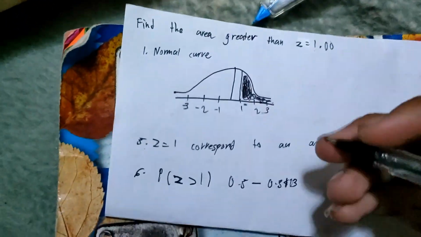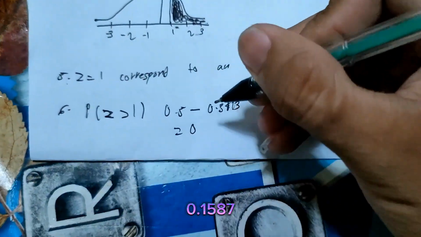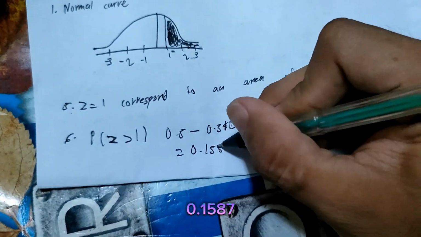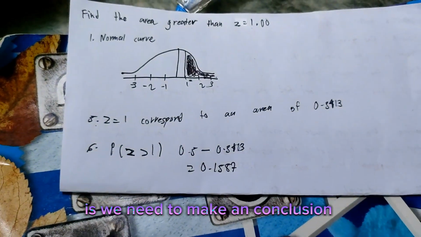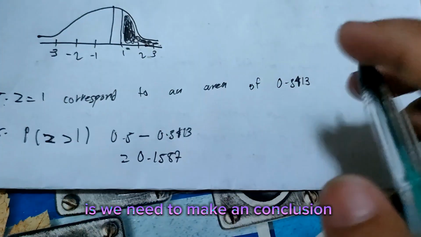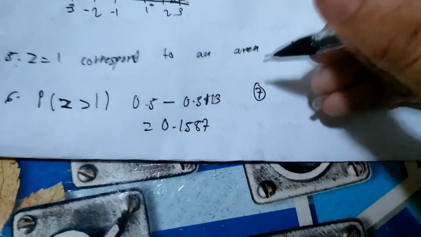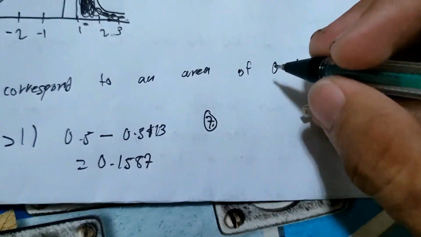So the answer is 0.1587. So the last step that we need to do is we need to make a conclusion. So here is the last step, number 7.